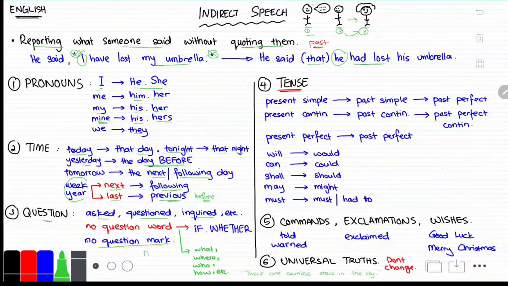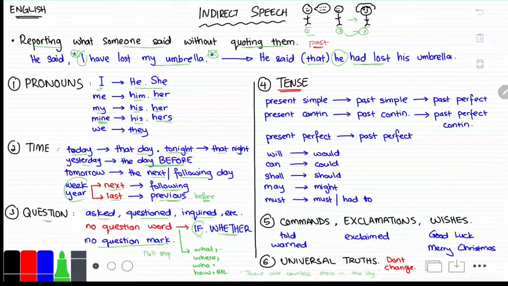We use a full stop instead. All right? But what if there's no question word? For example, in the question, you don't have your what, where, who, when, etc. For example, a question can say, "Is anyone there?" In that case, we use "if" or "whether." Then it becomes "he asked whether anyone was there," or "he asked if anyone was there."